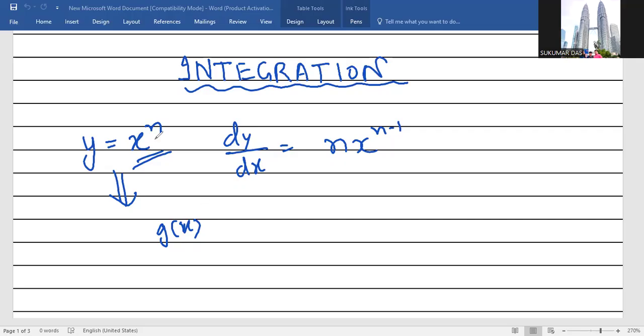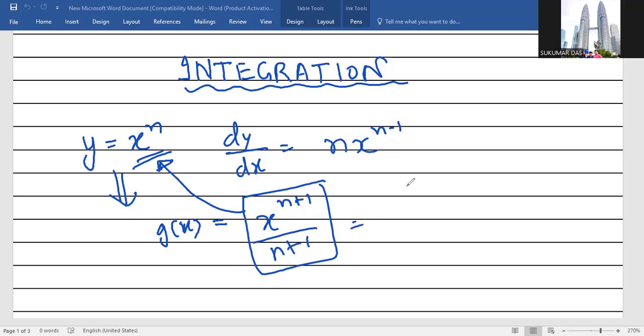So one rough idea, by visual inspection, we can see that x to the power n plus 1 by n plus 1, if you differentiate this one, you will again get x to the power n. So this x to the power n plus 1 by n plus 1 is the integration of x to the power n.